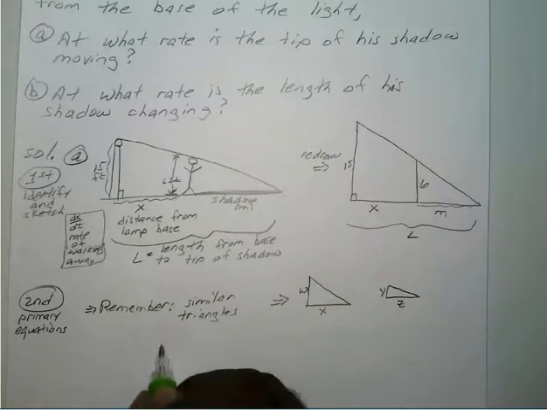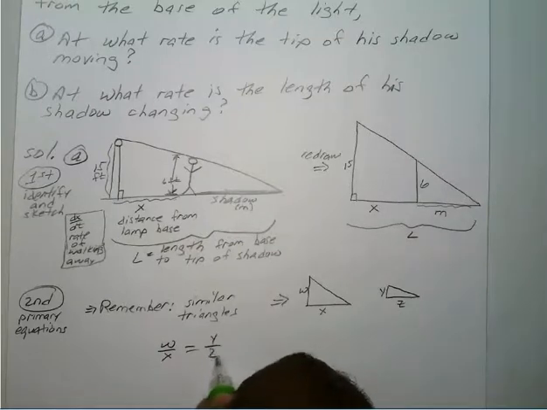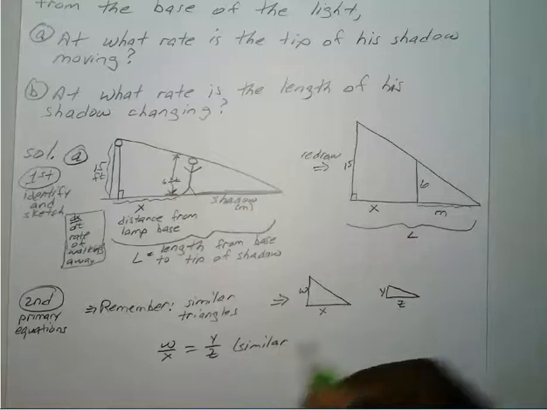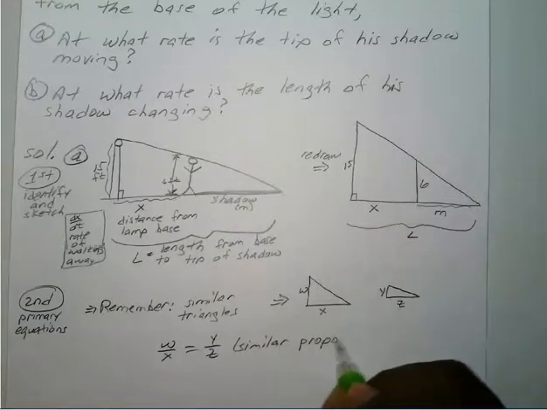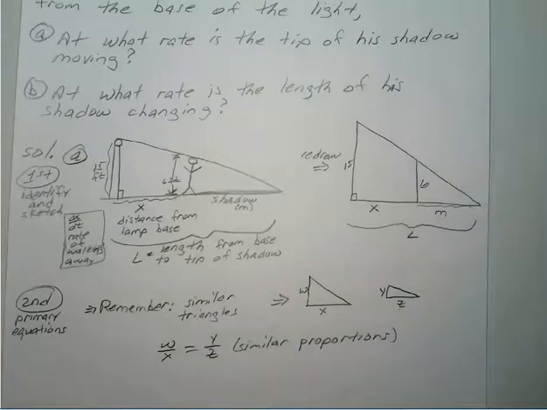The ratio of side W to X is equal to the ratio of Y to Z. In other words, similar proportions. Okay, and that's what we're going to use here.